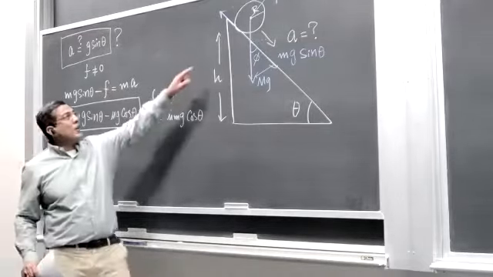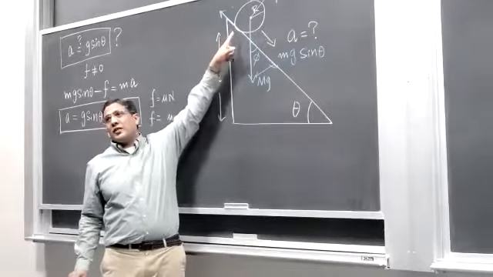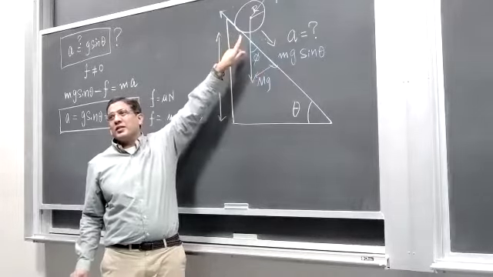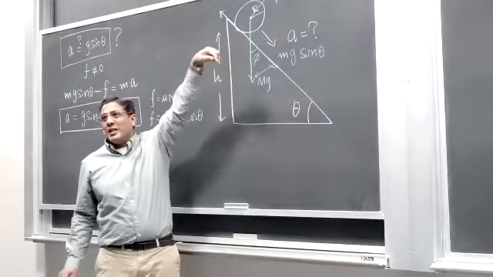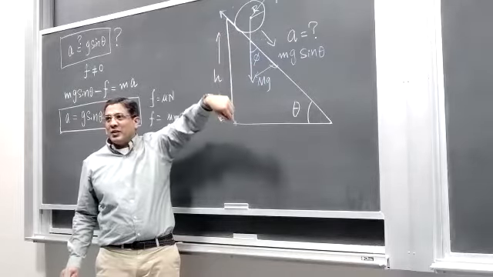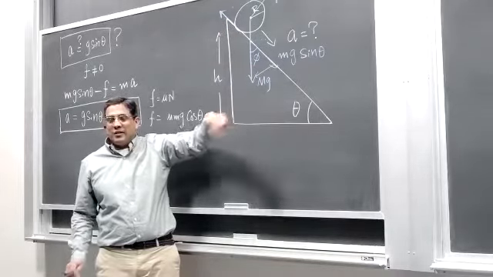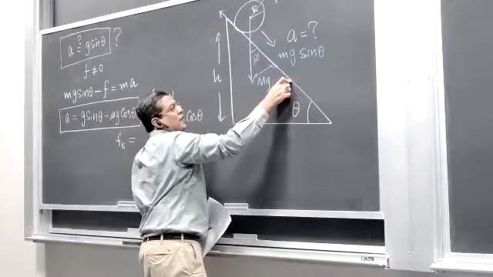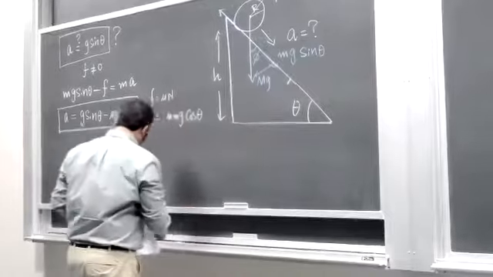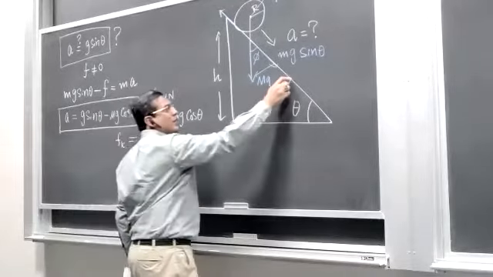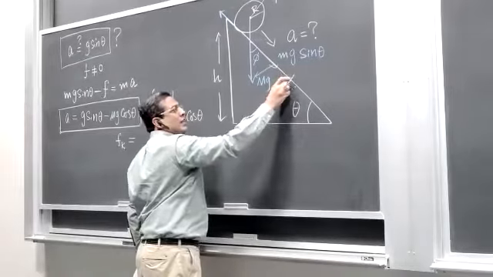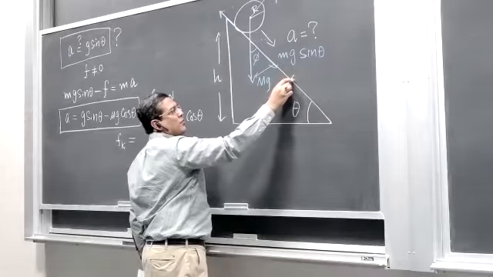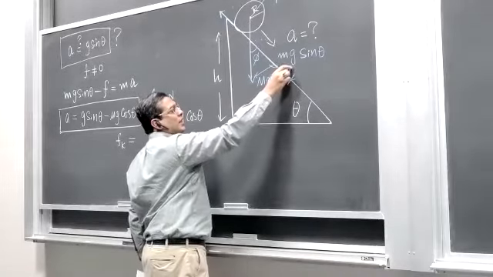The point of the cylinder which is touching the inclined plane is not moving relative to the surface because it's just rolling. Whatever point of the cylinder comes into contact with the surface leaves it like that.